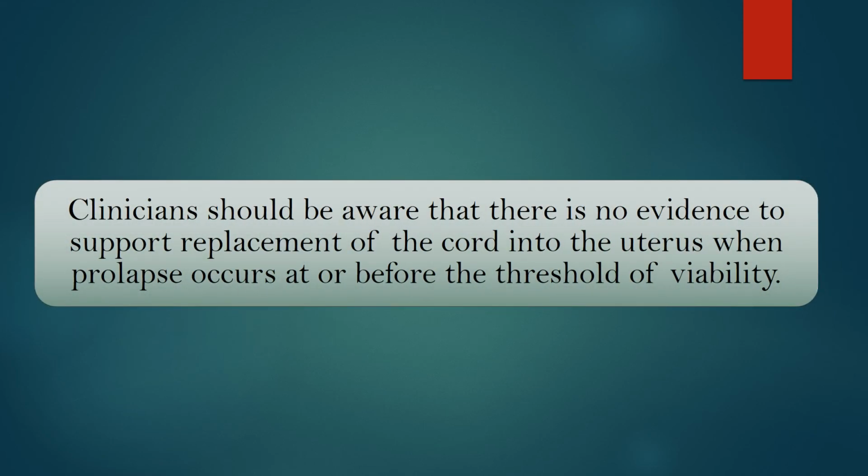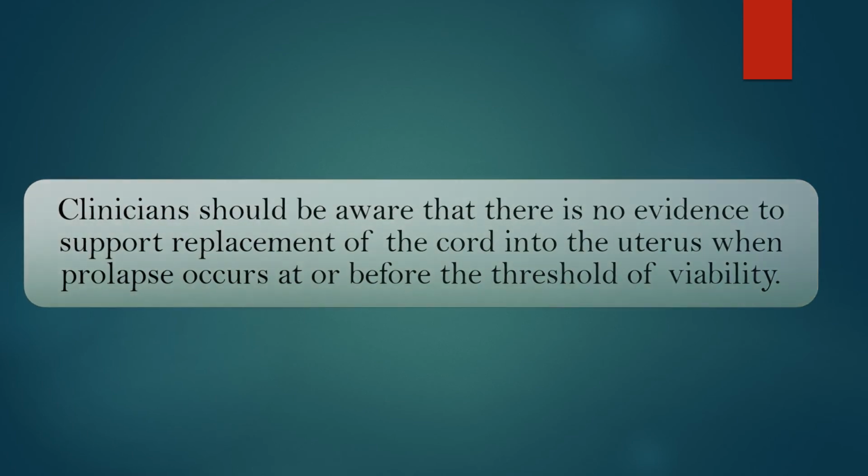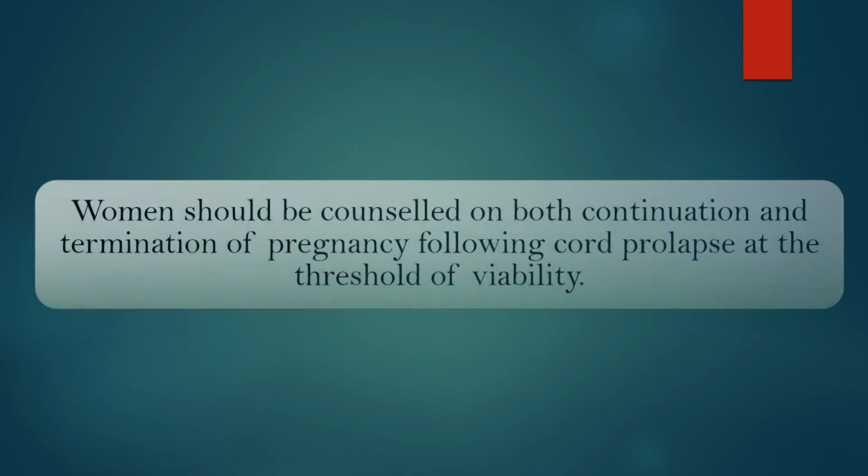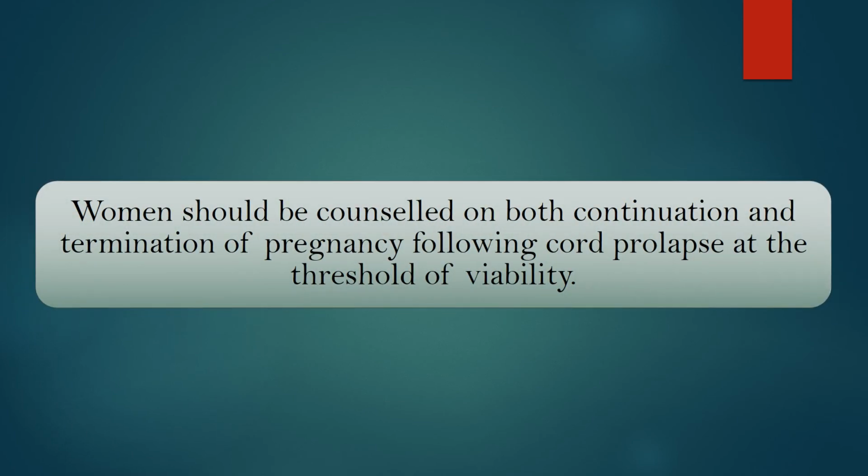Clinicians should be aware that there is no evidence to support replacement of the cord into the uterus when prolapse occurs at or before the threshold of viability. Women should be counseled on both continuation and termination of pregnancy following cord prolapse at the threshold of viability.